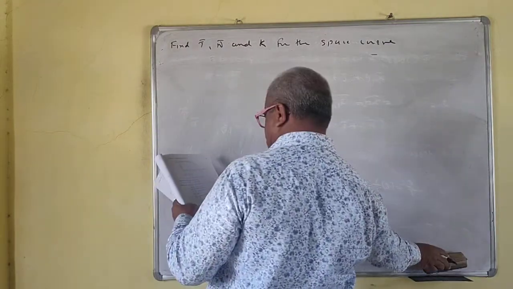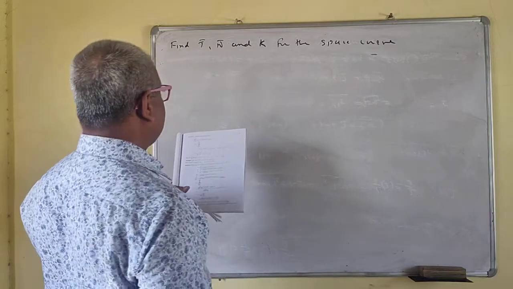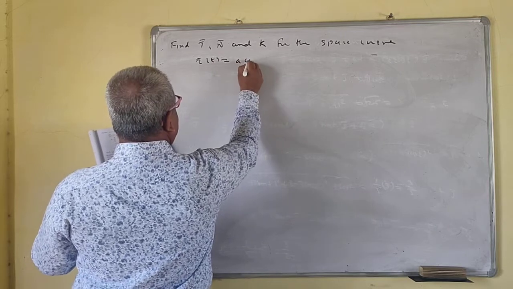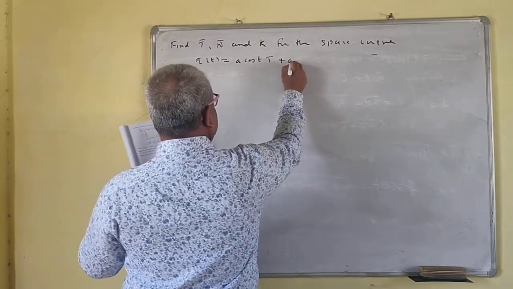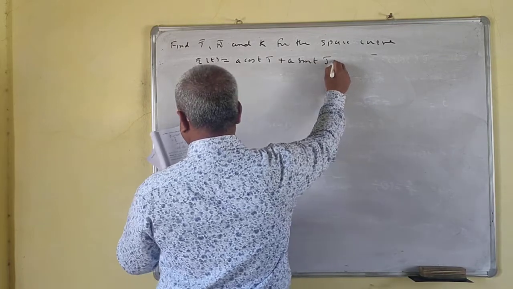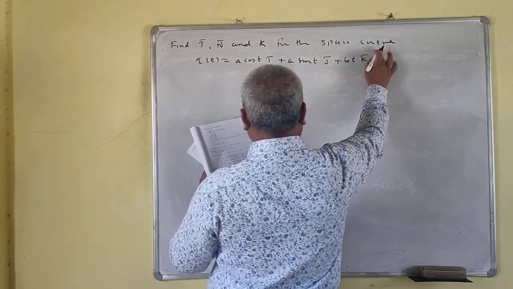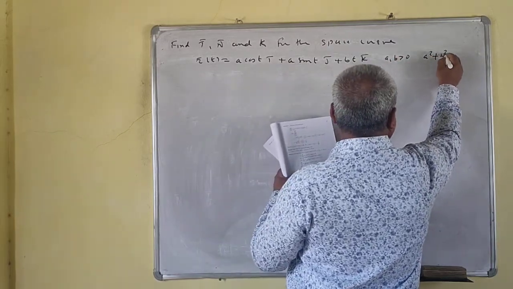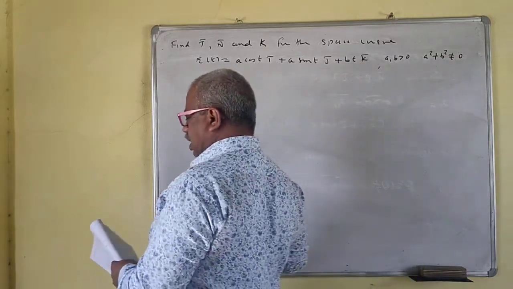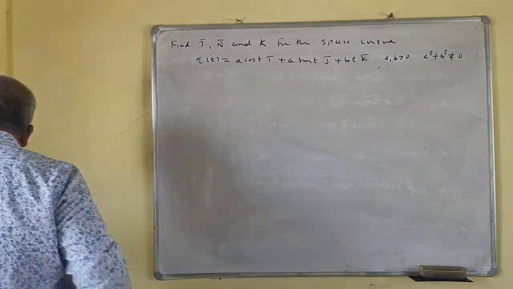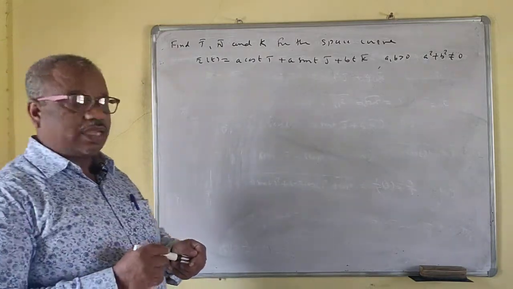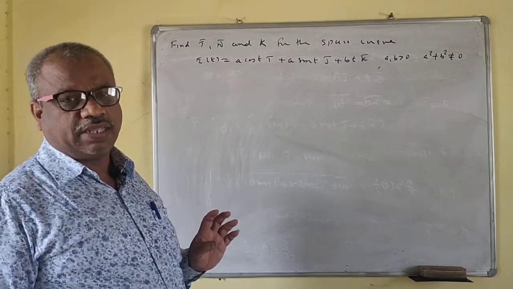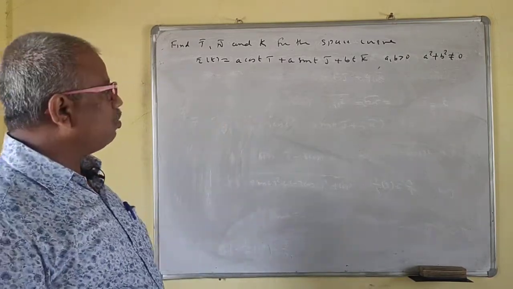Okay, so I will give a problem for exercise now. Find t bar, n bar and the curvature for the space curve r bar of t equal to a cos t i bar plus a sin t j bar plus b t k bar, where a, b are greater than 0, and a square plus b square is not equal to 0, because it occurs in a denominator, and otherwise it is not defined there. So a square plus b square not equal to 0 is provided to you.